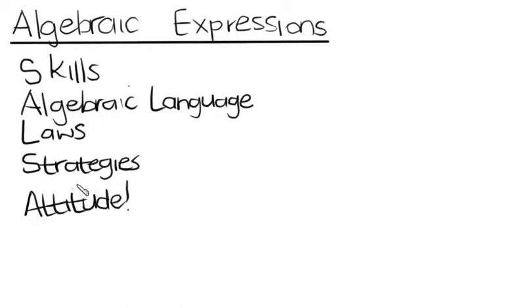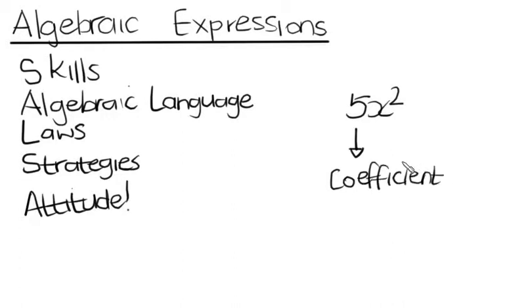So before we get started, we are just going to recap some of the algebraic language that you need to know. If we look at the example 5x to the power 2, then our 5 represents our coefficient, and our coefficient is always the number that is directly in front of the variable, and that would be x over here.